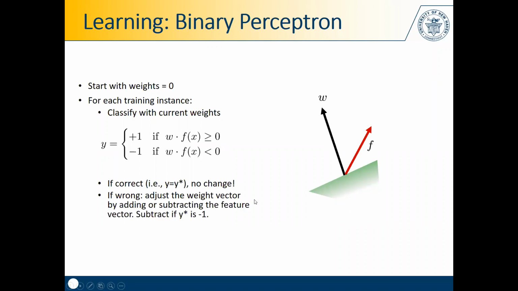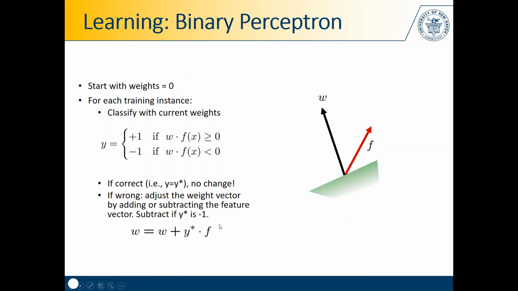If correct, no change. If wrong, we adjust the weight vector by adding or subtracting the feature vector. When do we subtract? If y star is -1, if the correct label is the negative class.